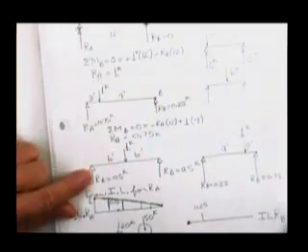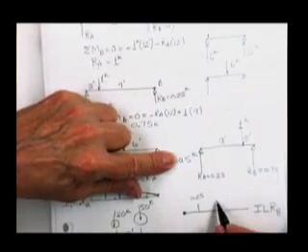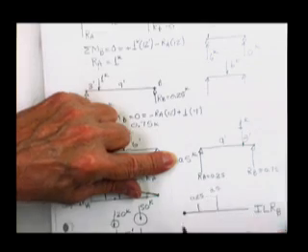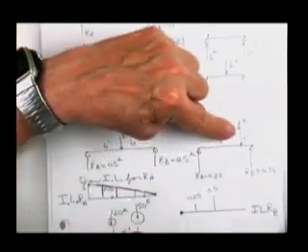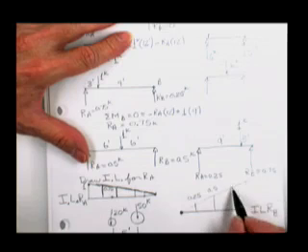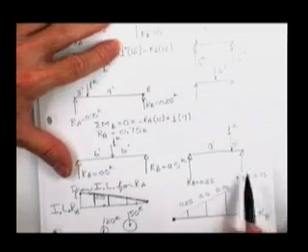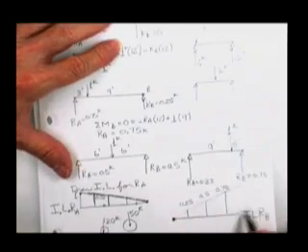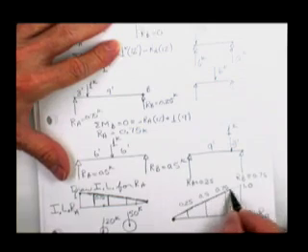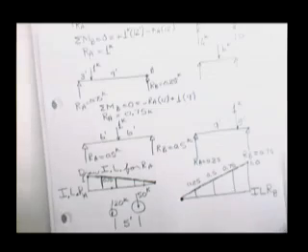When you put the load in the middle, it causes 0.5. When you put the load at the 3/4 mark, it caused 0.75. And when you put the load right on top of the reaction at B, it caused a full 1. And there is your influence line for the reaction at B.